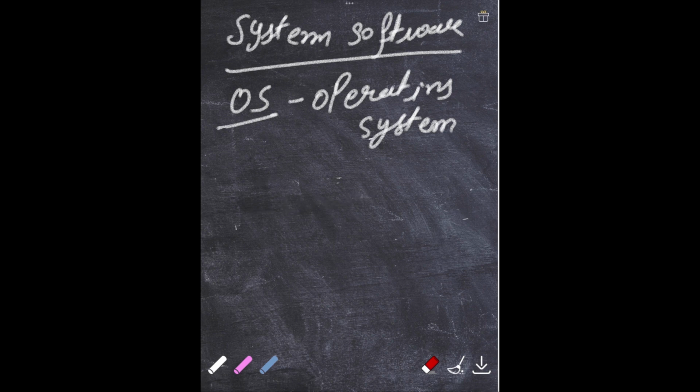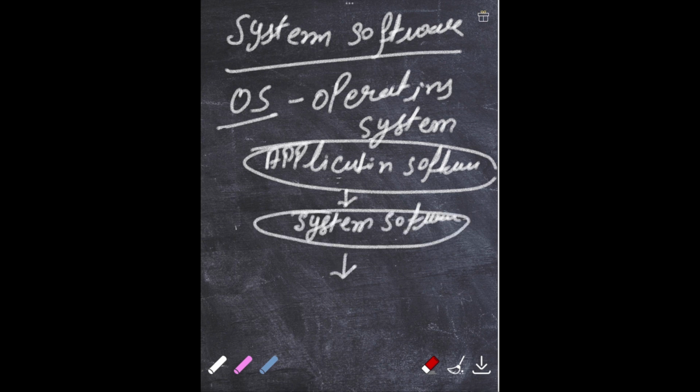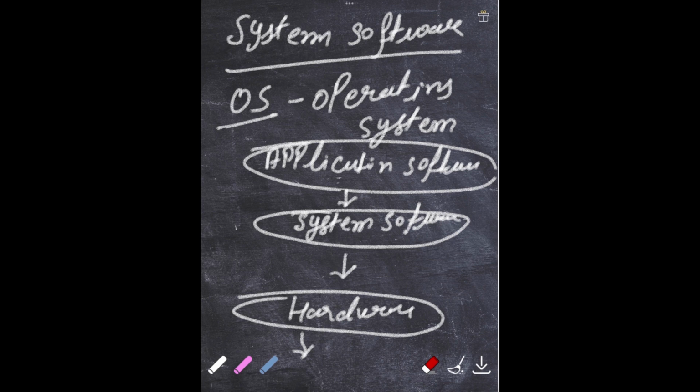If you try to understand system software with this diagram, here is the application software, here the system software, and here the hardware, or you can say your machine, your CPU.